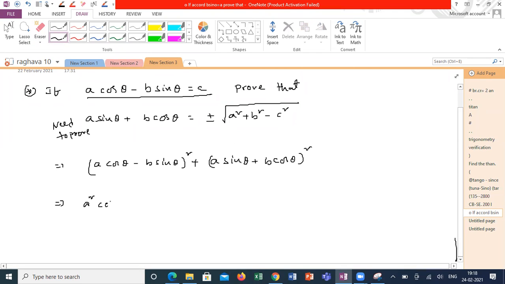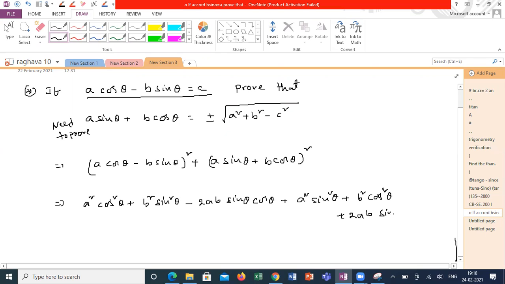A square cos square theta plus b square sin square theta minus 2ab sin theta cos theta plus a square sin square theta plus b square cos square theta plus 2ab sin theta cos theta. So 2ab sin theta cos theta and 2ab sin theta cos theta cancel. So I'm taking a square cos square theta, a square sin square theta.